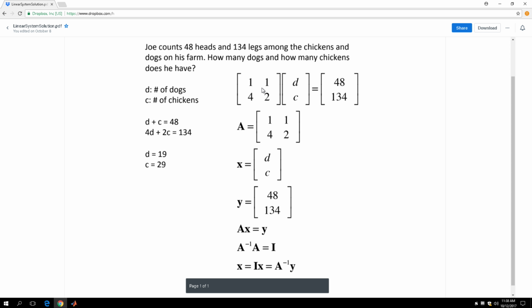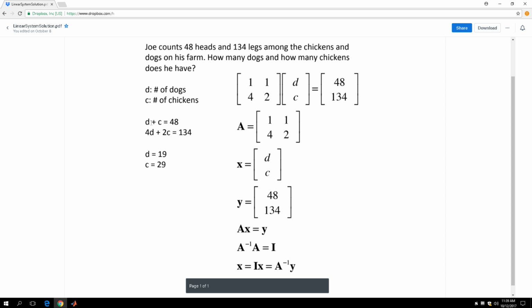And then if you do matrix vector multiplication on the second row, this column, that's 4 times D, right? Plus 2 times C, and then equals to 134, right? So if we write these two equations in this particular form and use the rule of matrix vector multiplications, we can actually recover these two equations, right?